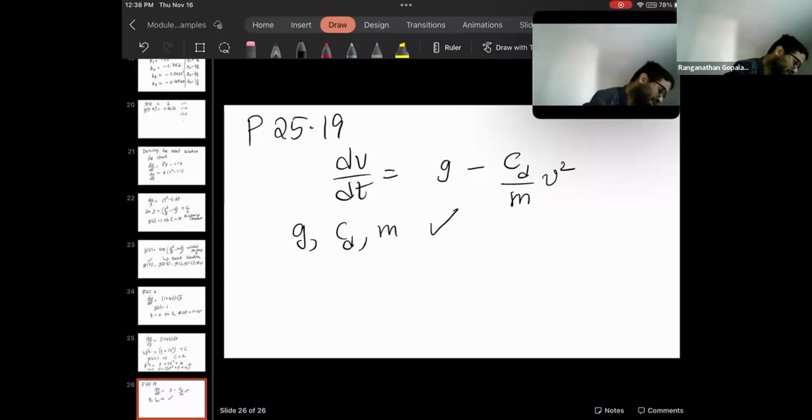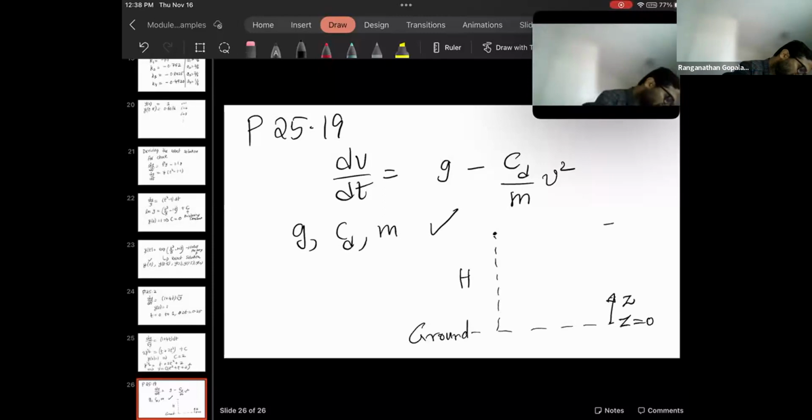And then you can write, suppose this is the ground, okay? You have the parachutist jumping from a height h, and we'll call this the z coordinate. Let's say this is z equal to 0, this is z equal to h, or you can do it the other way. If it's easier for you to think in terms of an initial condition, this is z equal to 0, and this is z equal to h.